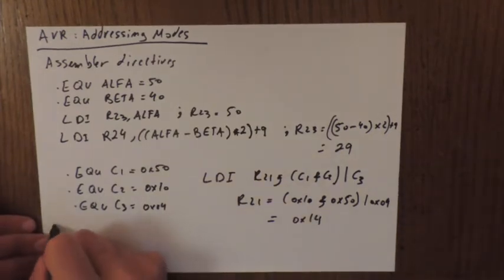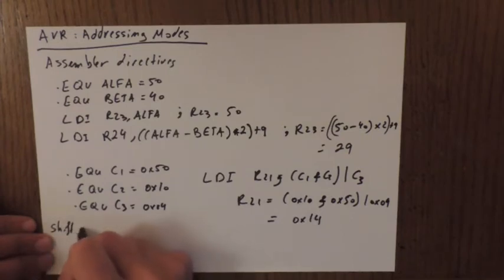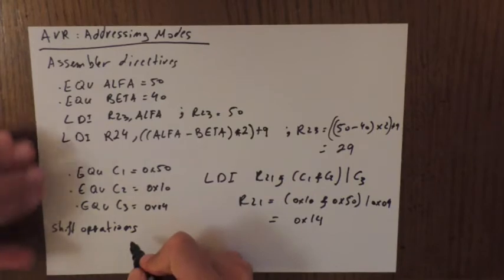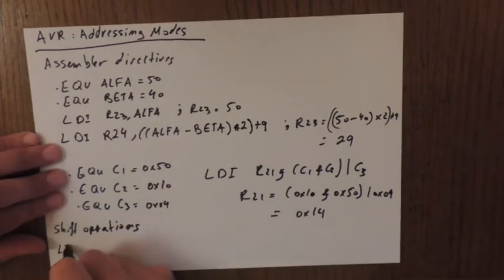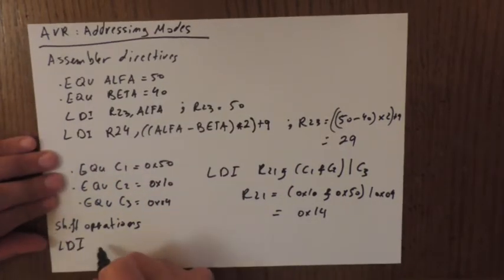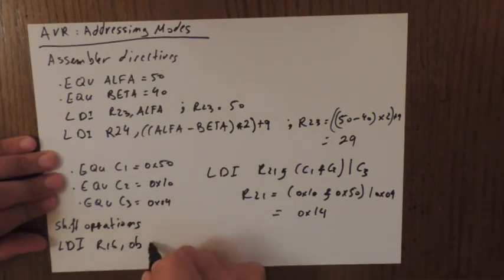We can also do some shift operations. The way we do it is simple. We use the C-like operations. For example, let's say 1 shifted left by 2.